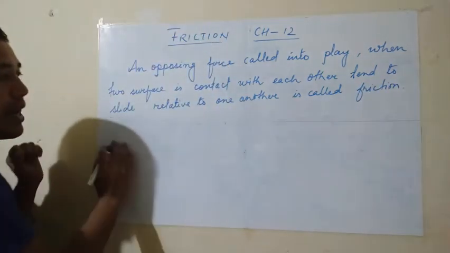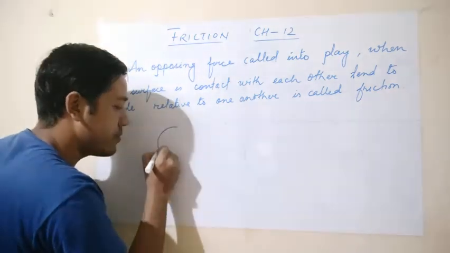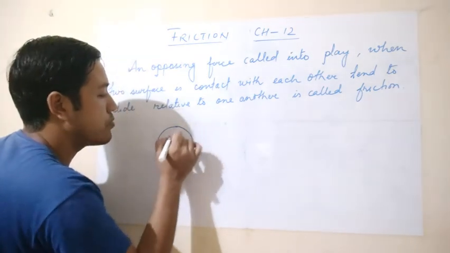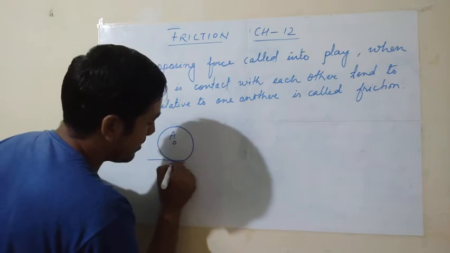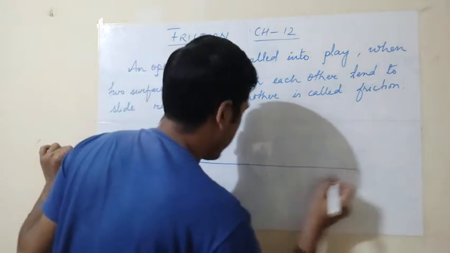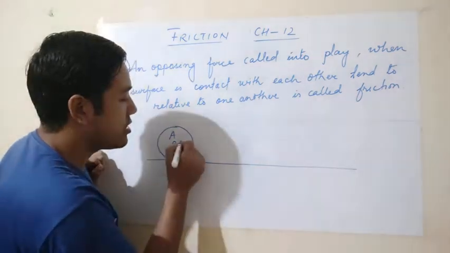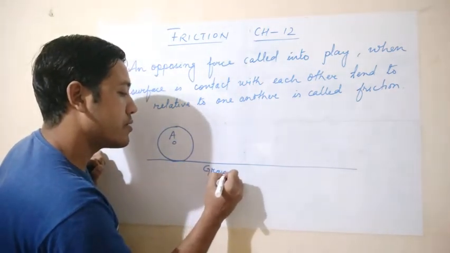Here I am giving the word explanation. This is an object, ball A, this football, in contact with the ground.